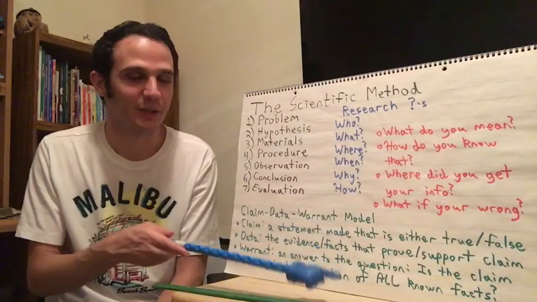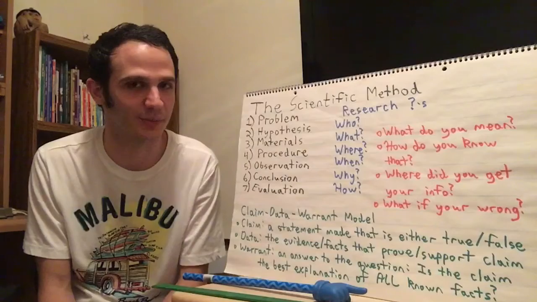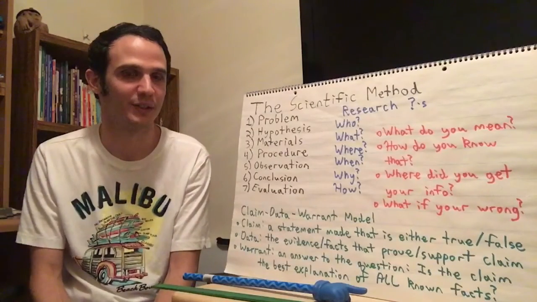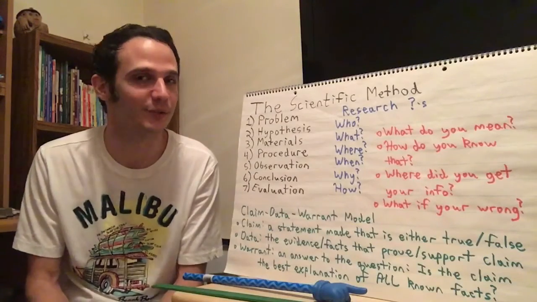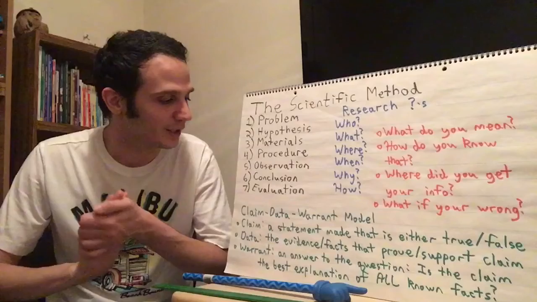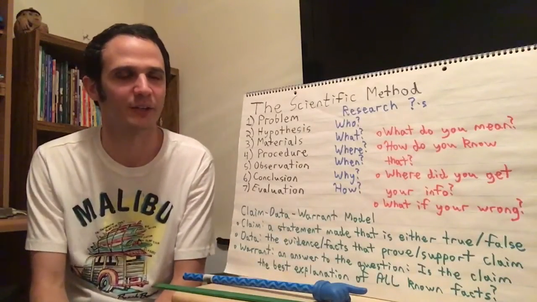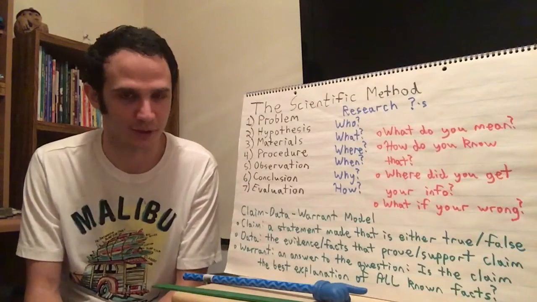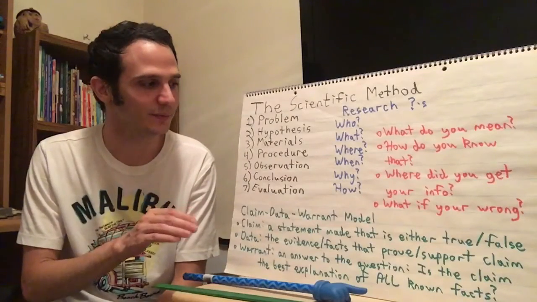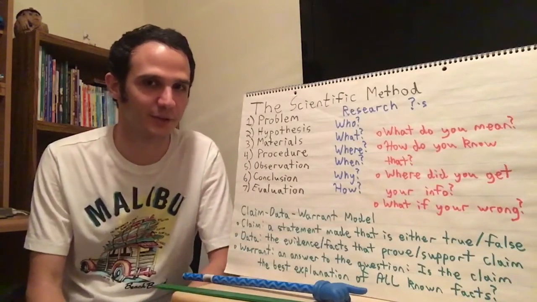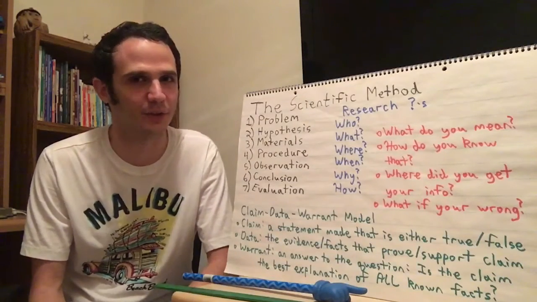And then the evaluation. The evaluation would be any changes that I would want to make to this experiment, or any new experiments I would want to conduct in the future. Maybe, after doing this, I found out I sleep better 7 to 8 hours a night, but now maybe I want to find out what time I should go to bed.